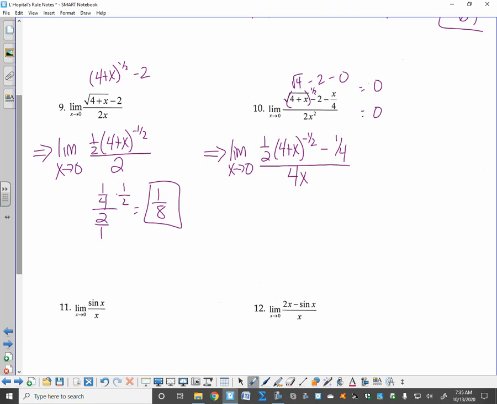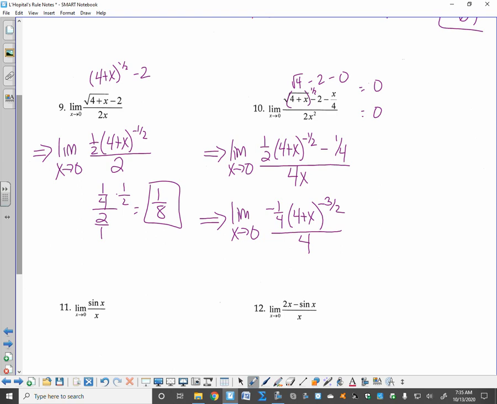The limit of the top equals 0. The limit of the bottom equals 0. That's indeterminate form. L'Hopital's rule says that this particular limit right here becomes, okay, let's go again. Negative 1/4, 4 plus x to the negative 3/2, over 4. Now I'm good because the bottom's a constant.